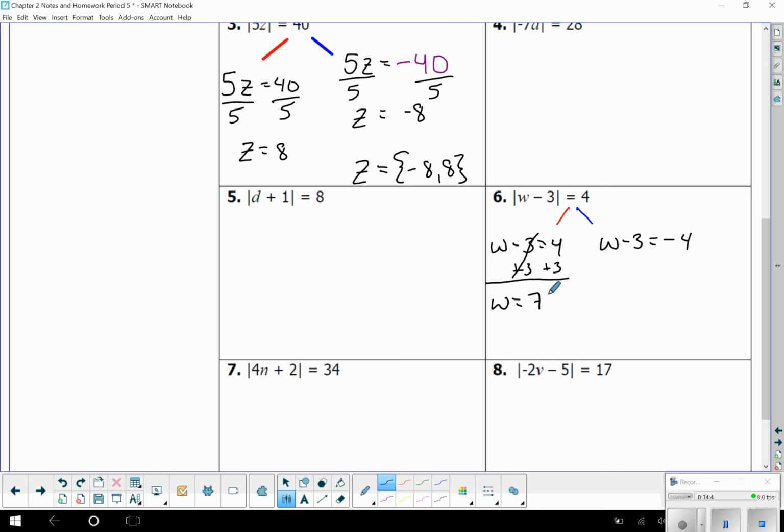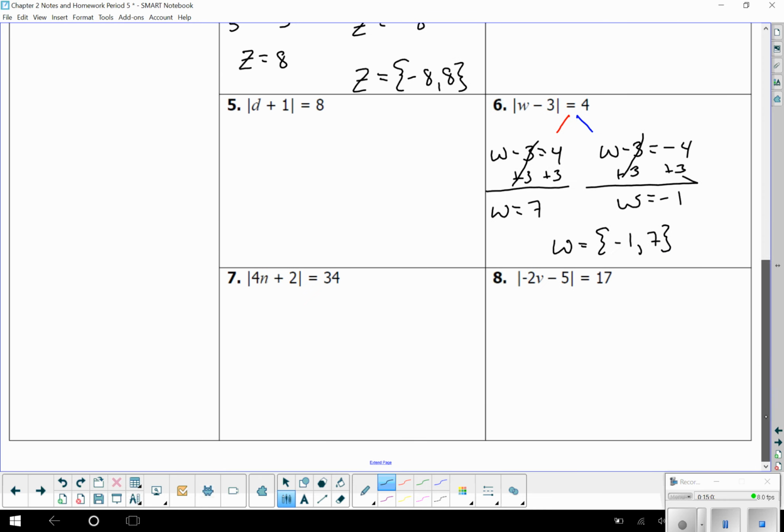W equals 7. Add your 3. W equals negative 1. So W is equal to negative 1, comma 7. And the rest on that side are pretty much the same. Let's go to the next page.